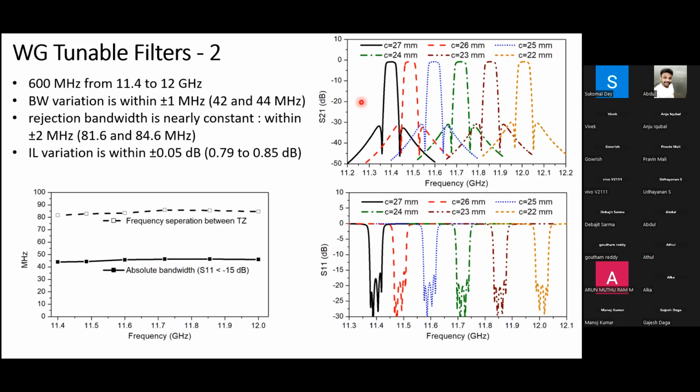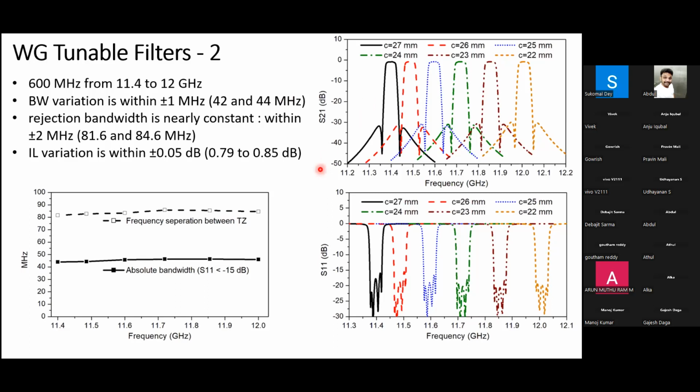As you are designing this filter for satellite communication, will changing the RF power and some mechanical vibration in the payload or satellite have any effect on the tuning, frequency tuning range or bandwidth tunability in those designs? Very good question.